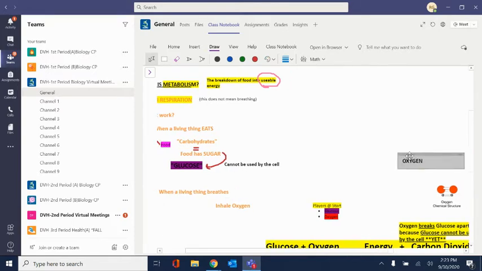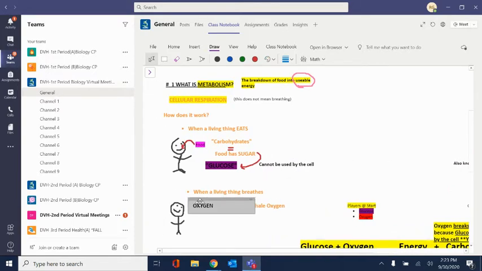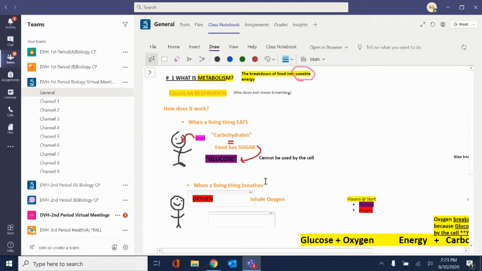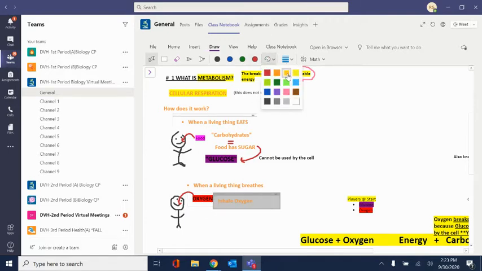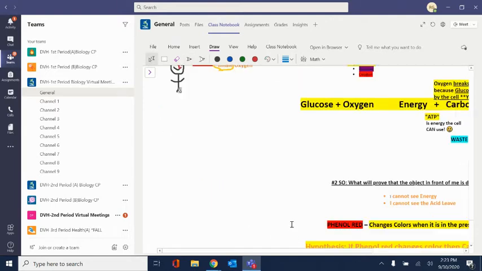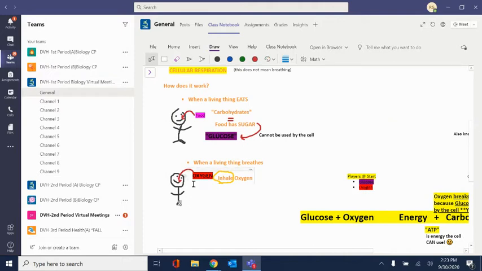I made all these little guys so that we can see what's happening here. So we inhale oxygen through our nose when we breathe, and through our mouth, actually. Inhale, that's breathing in. So we breathe in oxygen.